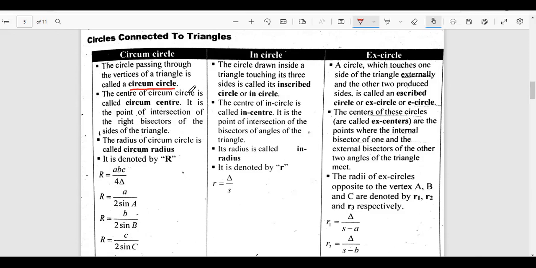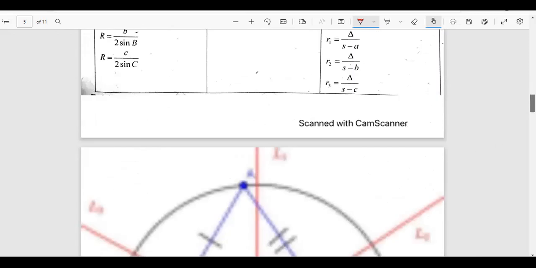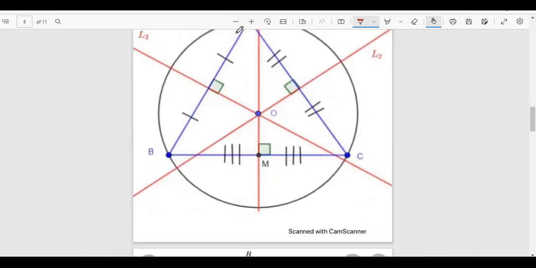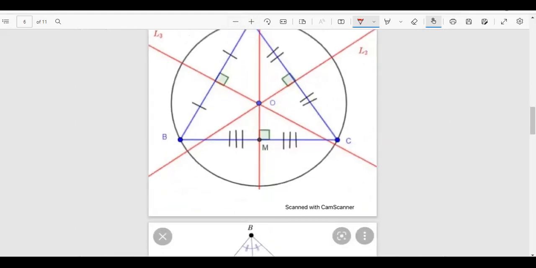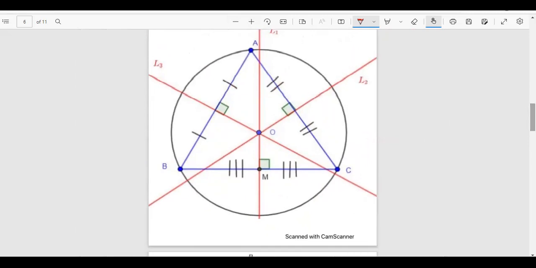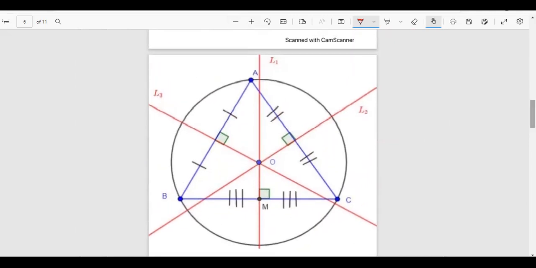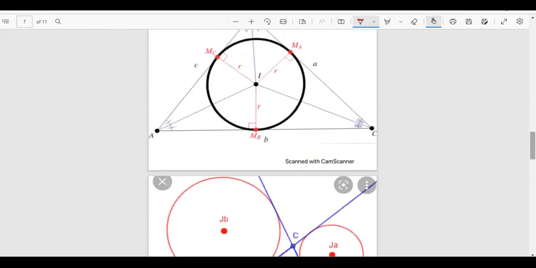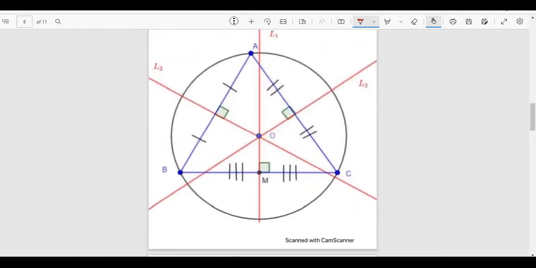It is the point of intersection of the right bisectors of the sides of the triangle. Yes, okay, this one. Sorry, this is not lying inside. Basically, I mixed it up with the next one. Okay, this is the first type.